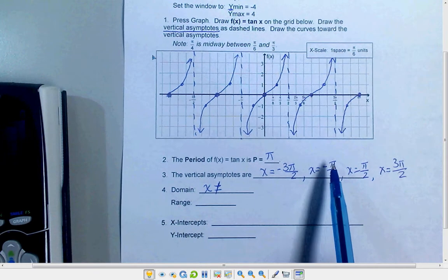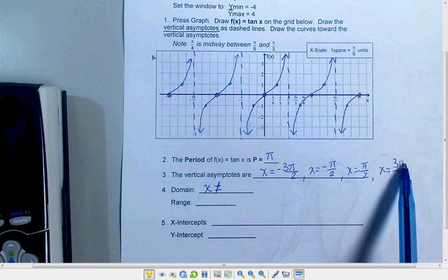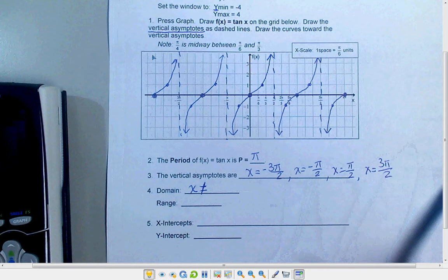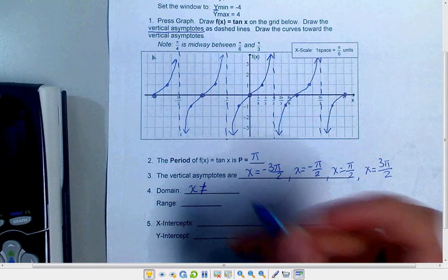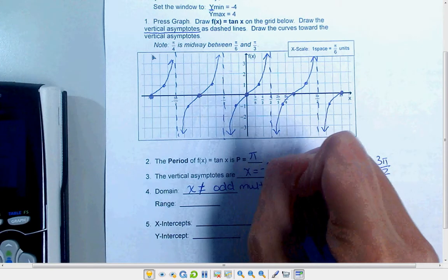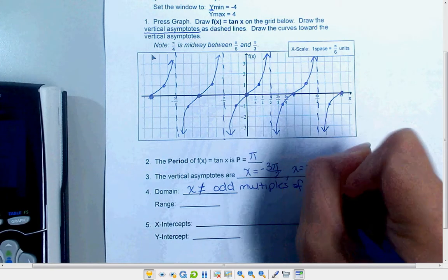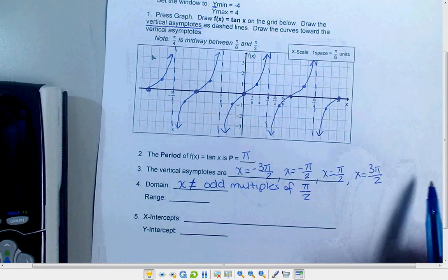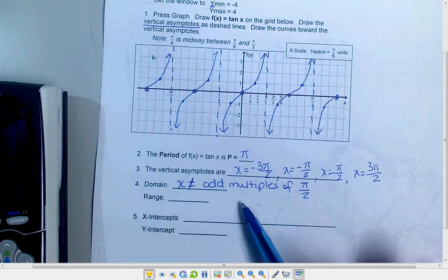But if you notice, this is negative pi over 2, 3 pi over 2, the next one's going to be 5 pi over 2, the next one's going to be 7 pi over 2. So the domain cannot include all the odd multiples of pi over 2. Because this keeps on going forever: 5 pi over 2, 7 pi over 2, 9 pi over 2, 11 pi over 2, but it's only the odd ones.